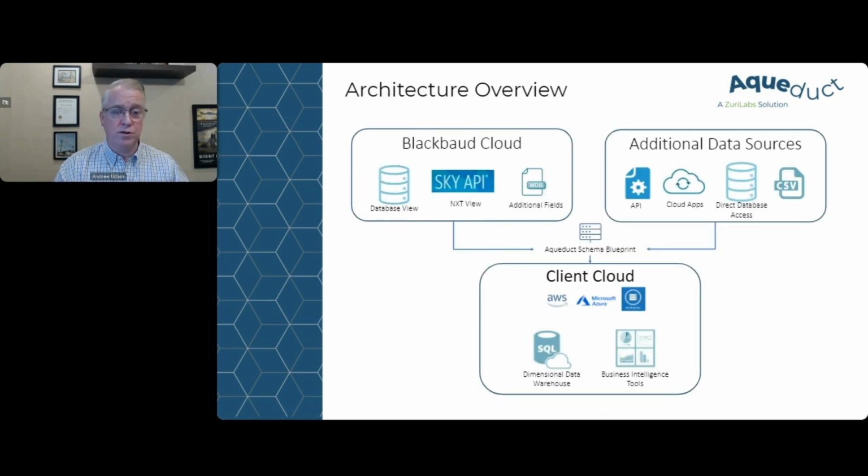Just a short, brief overview of the technical side of these things. Aqueduct is also something that never goes inside. None of your data ever goes through Zuri Group. Aqueduct is truly an aqueduct. It's the sluice of data that pulls the water of your data from the Blackbaud cloud through to your hosted source and directs to create the warehouse of your data that allows you to then start to create the business intelligence and reports that you'll see from what Jeremy was able to do, and then the additional data sources.